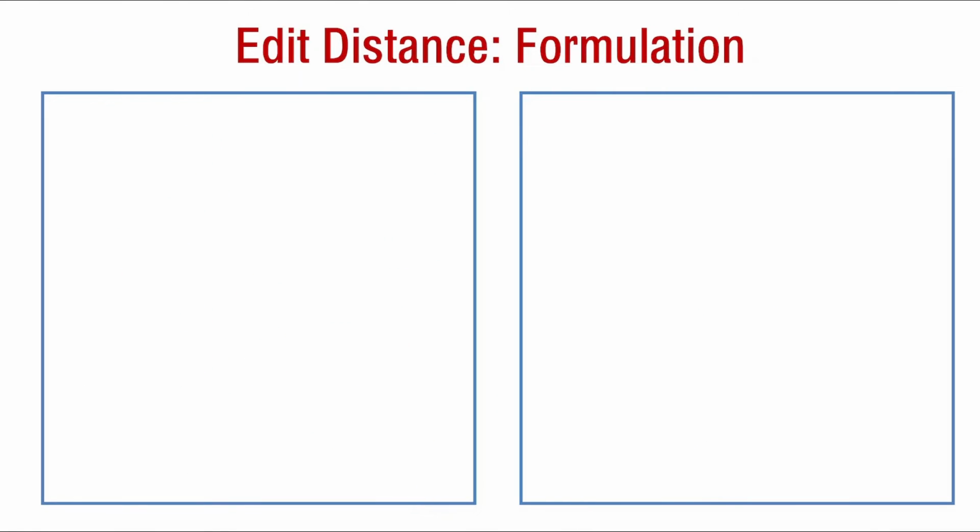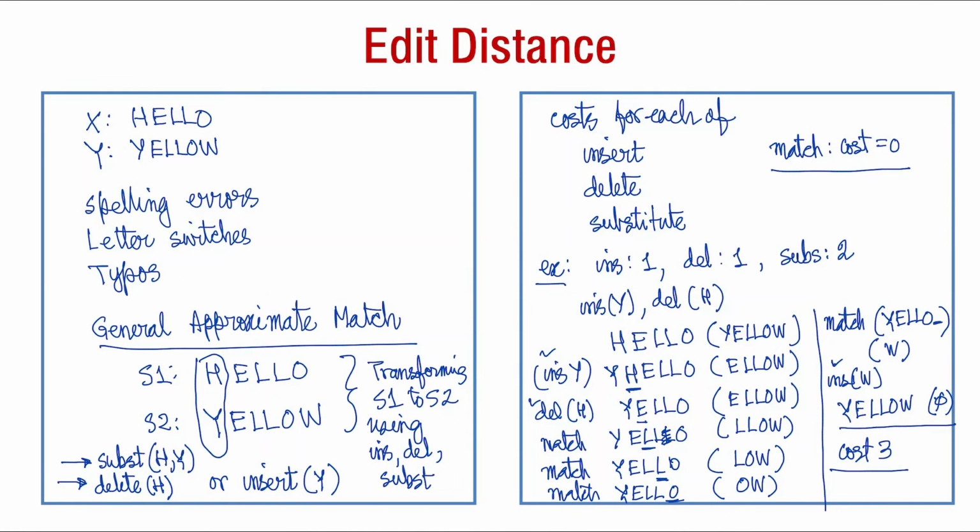So in order to do this, we now generalize our longest common subsequence into edit distance. And it is easy to see, and I leave it to you as an exercise to see what costs we should give to insert, delete, and substitute to make it reduce to a problem of longest common subsequence.